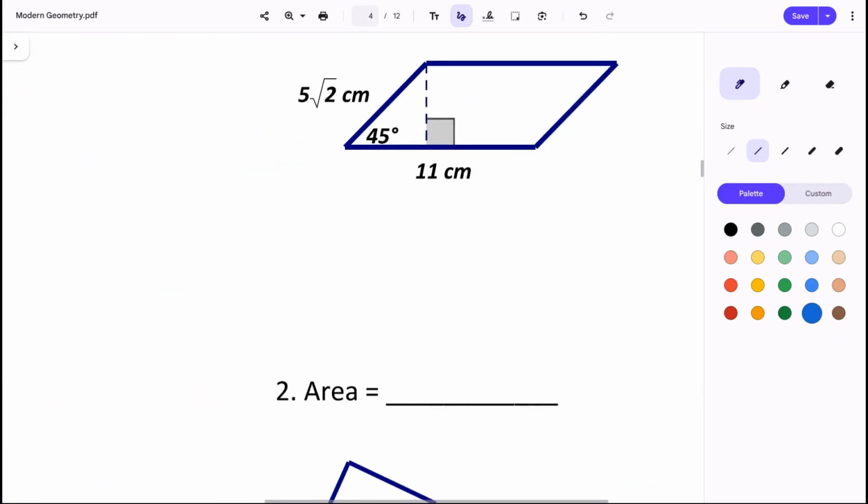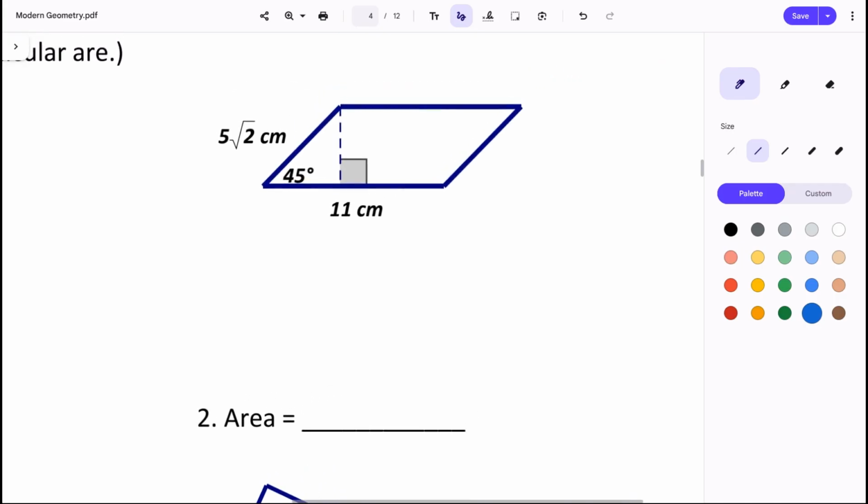Okay. What about this next one, number 2? Well, first, are you dealing with a parallelogram or a rectangle? Still a parallelogram. Do we have the base and or the height? Do you have either piece? What's the base? 11. So I'll put a little b by 11.